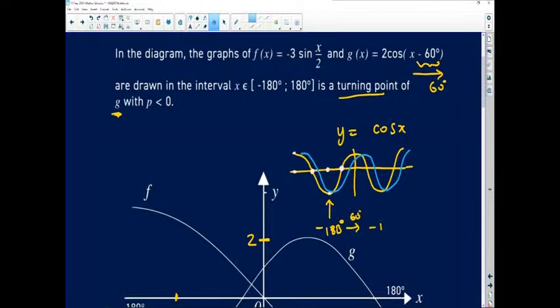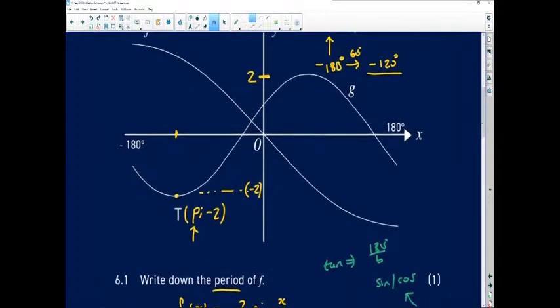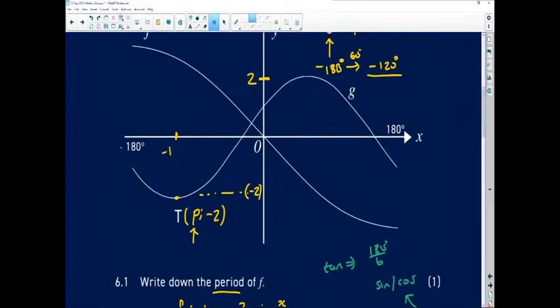You're going to end up with -120 degrees because everything is just moving to the right by 60 degrees. So that's basically what you end up with. Make sure that you understand that if you have -180 you're expecting, you're moving it 60 to the right, you'll end up with 120, but not positive, negative. So that number there is -120 degrees. So that's the value of P.